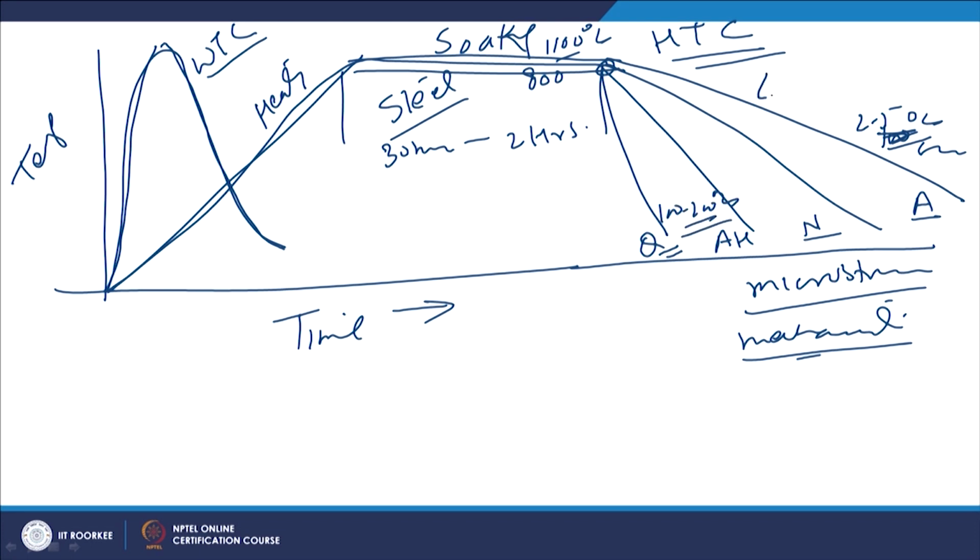So, very low cooling rate, then the low cooling rate, somewhat high cooling rate, and very high cooling rates are used. So, quenching will be experiencing extremely high cooling rate, and this cooling rate will be higher than the cooling rates which are imposed during the air hardening, normalizing or annealing.